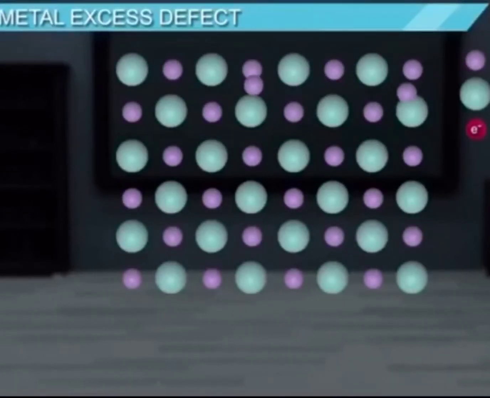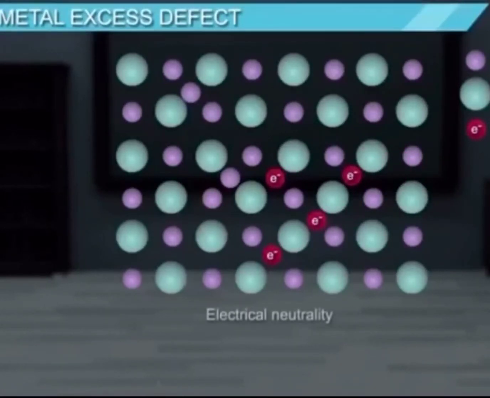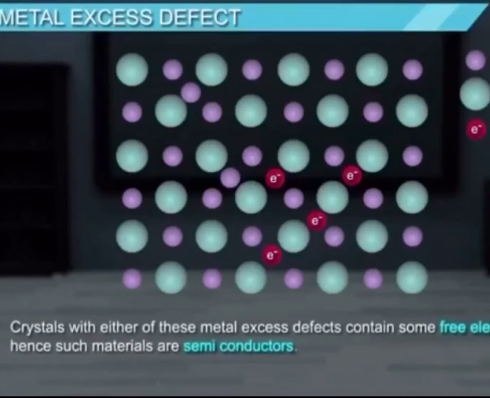The color is reflected due to excitation of electrons present in the interstitial sites. Crystals with either of these metal excess defects contain some free electrons, and such materials are semiconductors.